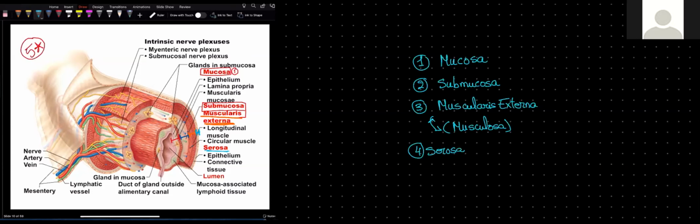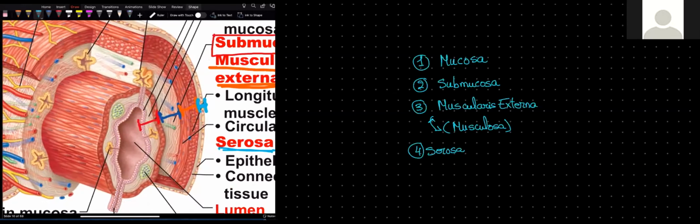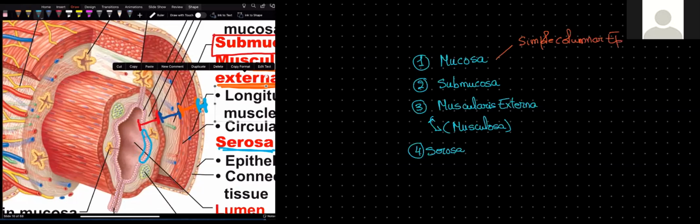If we're looking closely at the structure of the mucosa, if you see on here, we've got the epithelium. And the epithelium, if you remember, the type of epithelium located in your gastrointestinal tract was simple columnar epithelium, which is non-ciliated.